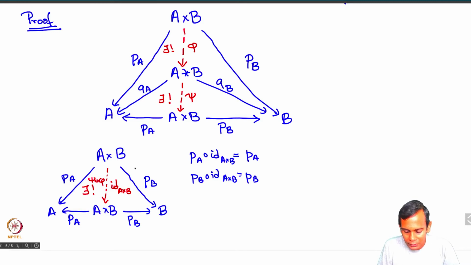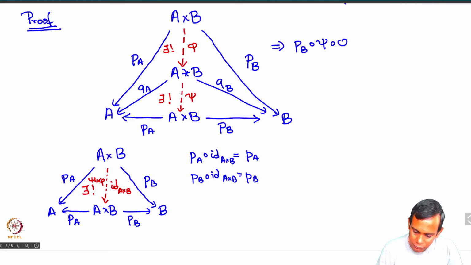So this diagram here commutes whether you put psi circle phi or whether you put the identity of A cross B. Now by the uniqueness, this implies that psi circle phi is identity of A cross B. So from this diagram it implies that PB circle psi circle phi is equal to PB, and PA circle psi circle phi is equal to PA.